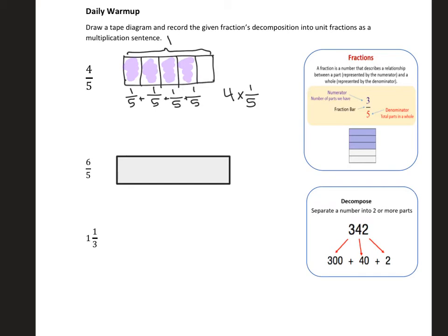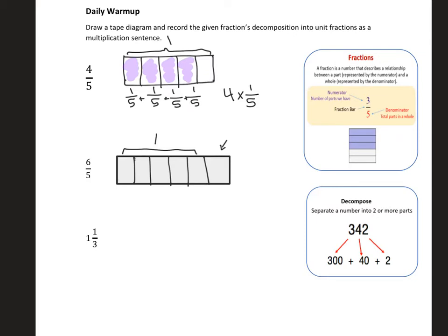I can also see that my numerator is 6, so I know this is going to be a fraction greater than 1. First I'm going to have 1, 2, 3, 4, 5 pieces. These 5 pieces equal one whole, right? And then I have this piece right here because I have 6/5. So this piece is my extra piece.